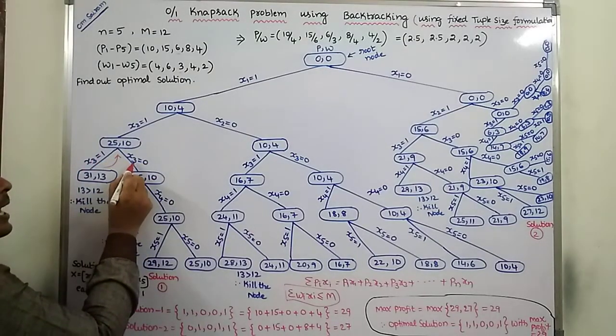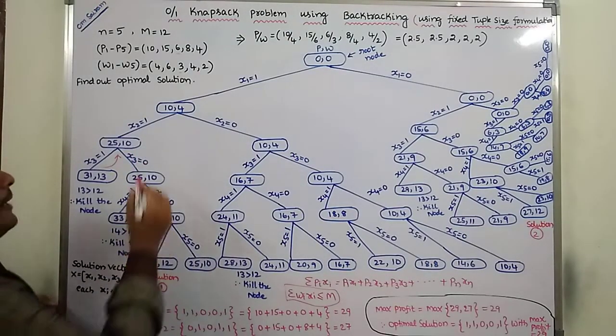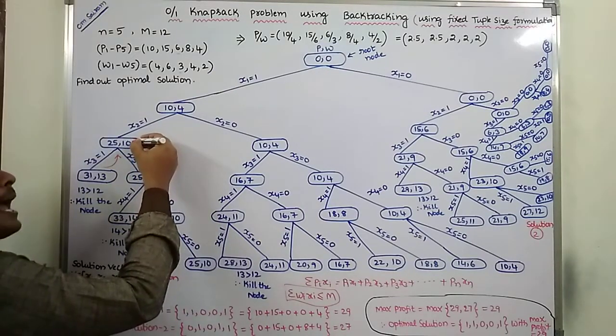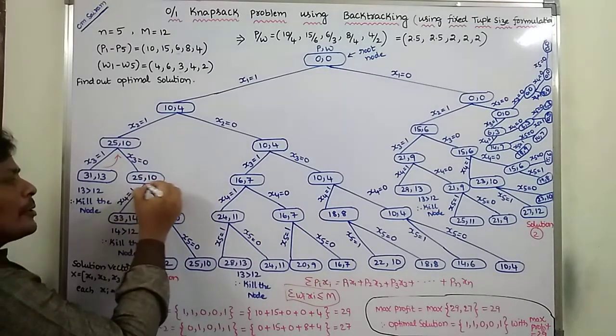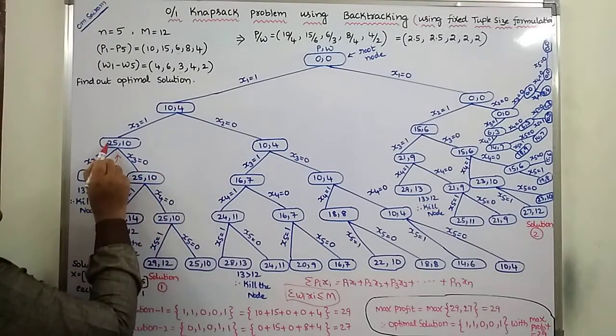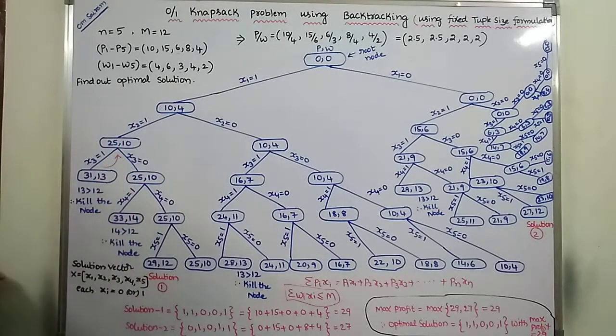Now we go for x3 is equal to 0. That means the third object is not considered. Whenever the third object is not considered, whatever values we have there, we have to write those values. Profit is the same, 25, and weight is also the same.